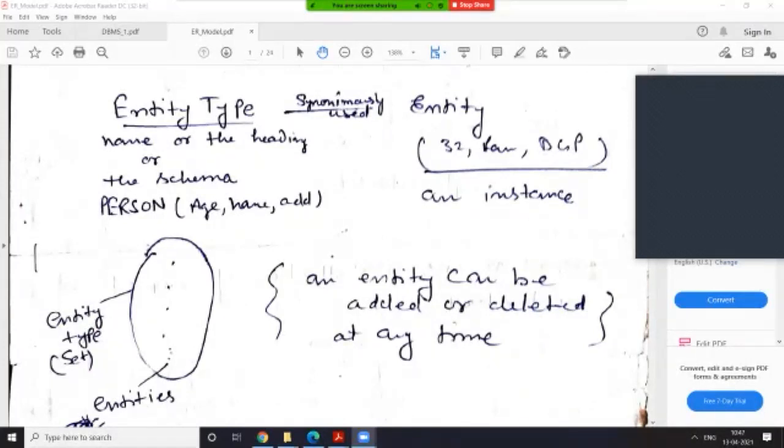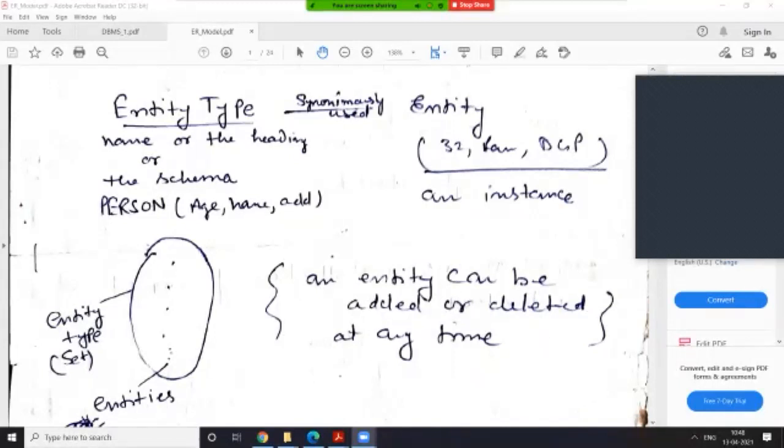It represents the student entity type. Entity type means the name of the entity set, that is person or student. They represent the individual entities within that set. Synonymously we are going to use these words: entity type, entity set.